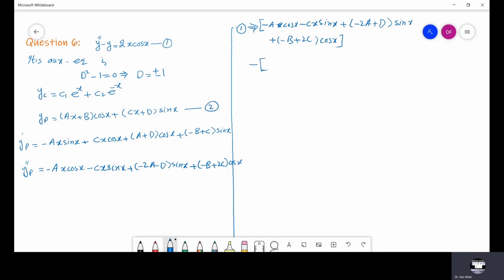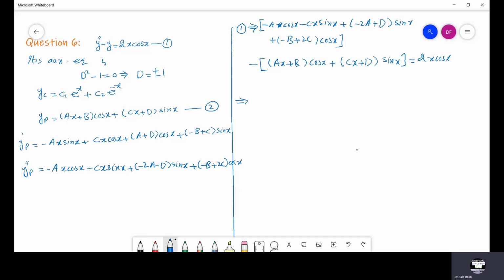Let us put the value of y. So y is (ax plus b) into cos x plus (cx plus d) into sin x, and this is equal to 2x cos x.